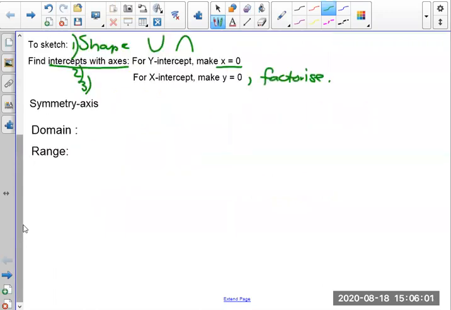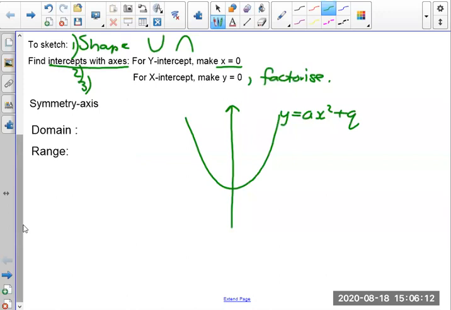Now, if I can draw a parabola, can you see that if this is y equals ax squared plus q, then this parabola is symmetrical in the y-axis. So for all the parabolas that are symmetrical in the y-axis, the y-axis is also the symmetry axis.